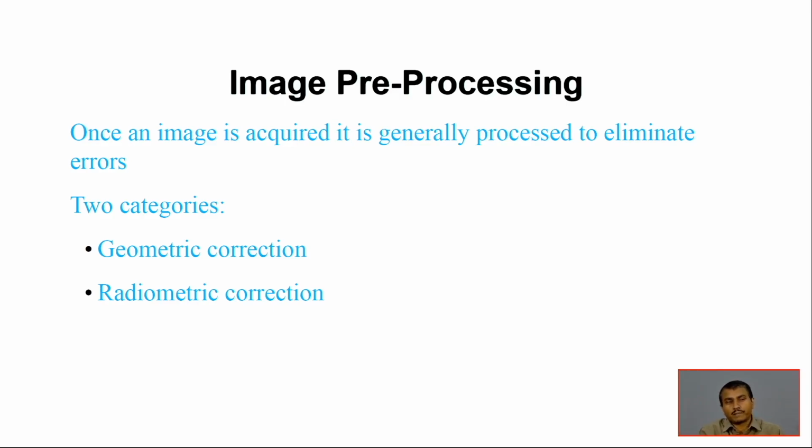Because the remote sensing system that we are talking about is mostly a passive remote sensing system, you are acquiring the image from the satellite from the radiation of the earth's surface. This radiation is due to sunlight. I am talking about the optical range.